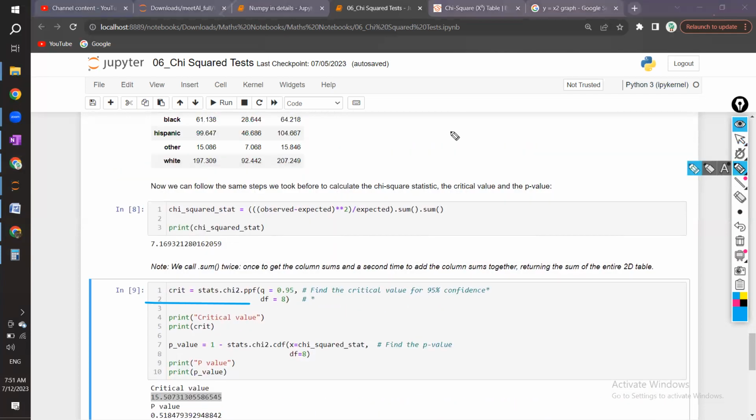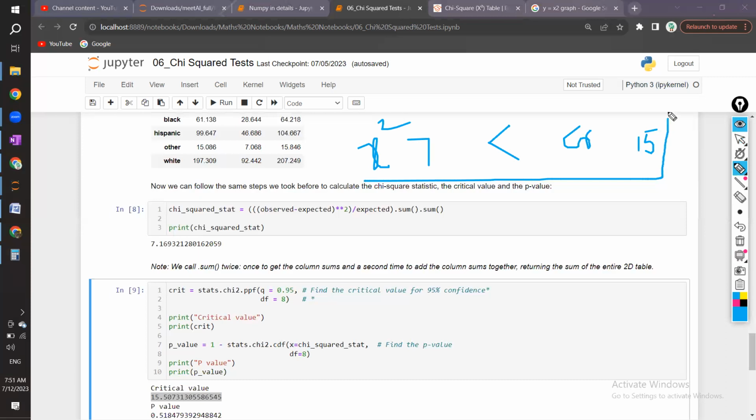Chi-square is 7 and critical is 15, so chi-square is obviously less than the critical value. What should we do, Meghana, accept or reject? Less than means accept. Perfect. So in this case, accept.